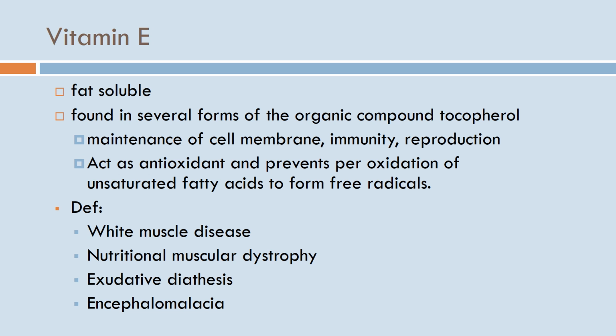So you can say it's a very good antioxidant, and it avoids the formation of free radicals. The deficiency of vitamin E may cause white muscle disease, nutritional muscular dystrophy, oxidative diathesis, and encephalomalacia in poultry birds.